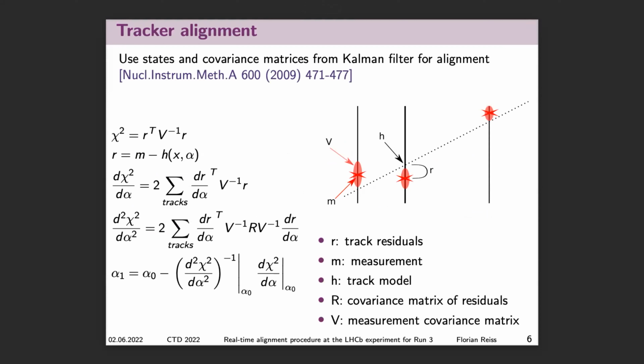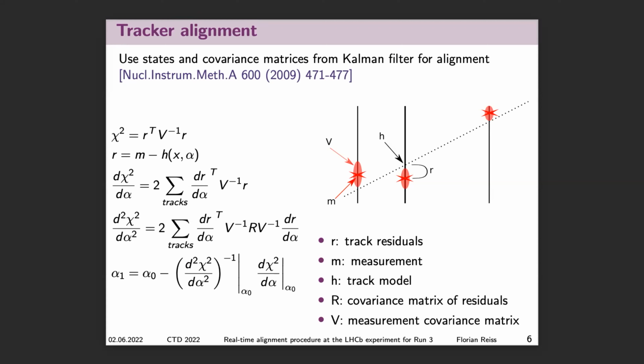So to briefly write down what kind of calculations we do here: the goal is to minimize this chi-square with respect to the alignment constants, where the chi-square is calculated from the track residuals and the measurement covariance matrix.